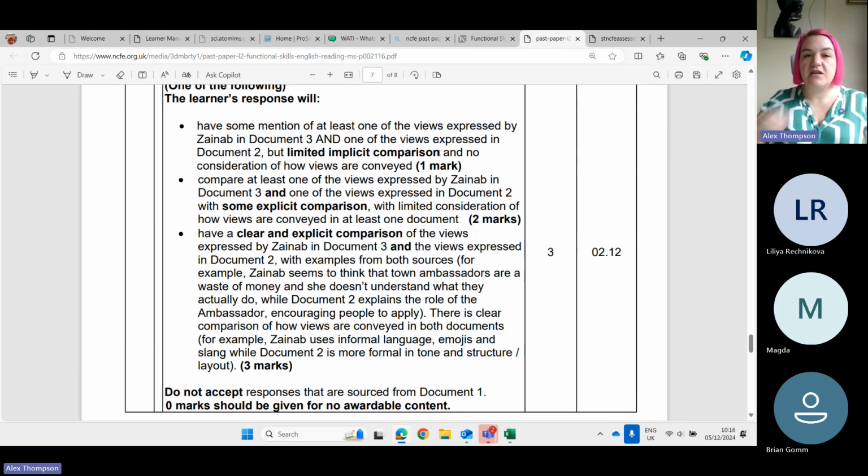So if you just wrote that in the first document, they're very positive, and in the second document, she's very negative, that would achieve you 1 mark. If you went into slightly more detail and you added quotes for those, you would get 2 marks. And if you added the language features or the textual features as well, that's where we get 3 marks. So it's all on a sliding scale. If you do it a little bit, you get 1 mark. If you do a little bit more, you get 2 marks. And if you do all 3 of those things, you get 3 marks.